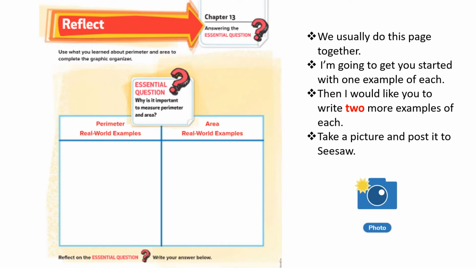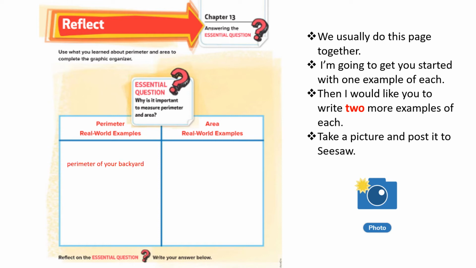Then we usually do this page together as well, right? The reflection page. I'm going to get you started with one example for each side, and then I'd like you to finish by writing 2 more examples. What it's asking you to do is think of where you would, in the real world, find the perimeter of something. And where in the real world would you find the area? So let's just take a look here.